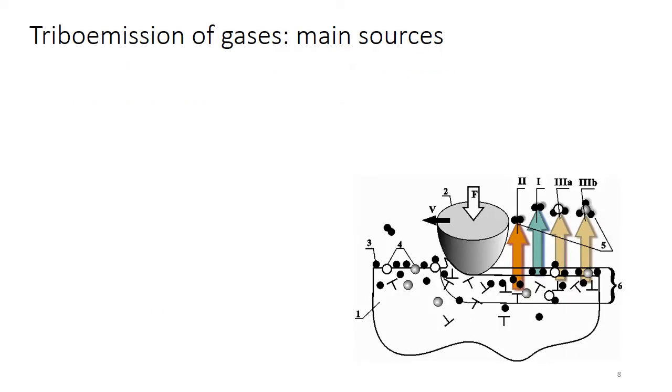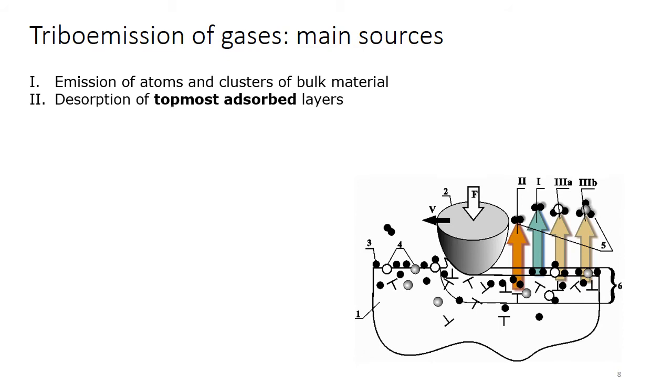So after several decades of investigation by several groups, it can be concluded that the triboemission of gases includes several main sources. The first of them is emission of atoms and clusters of the material subjected to rubbing. So the material is rubbed, and small parts of this material, particles and clusters, can be emitted by the friction process.